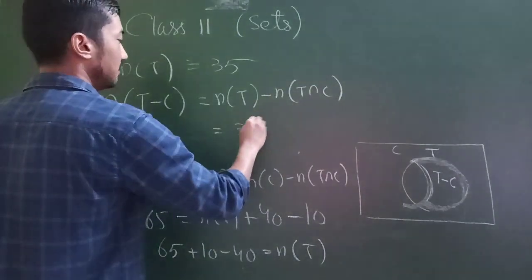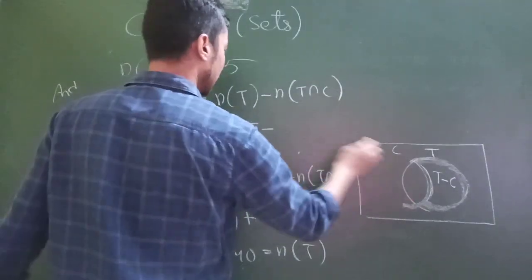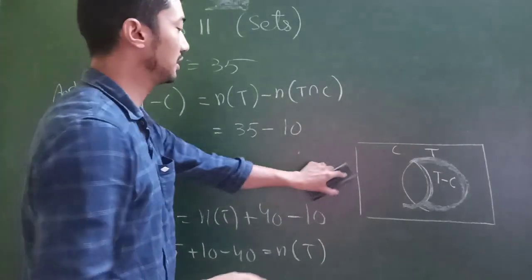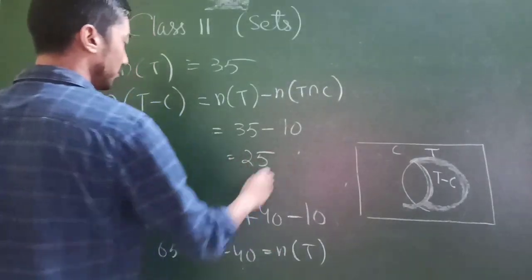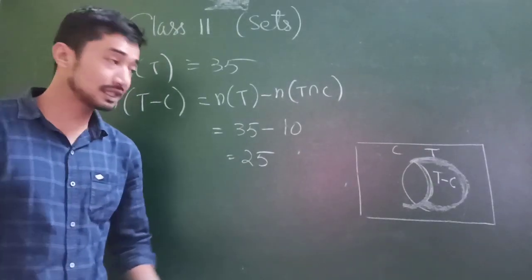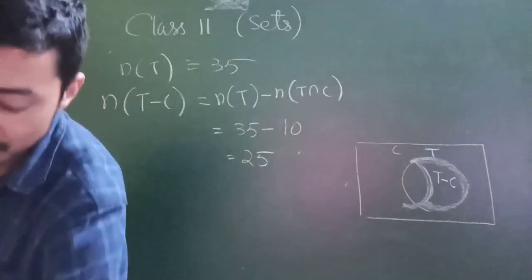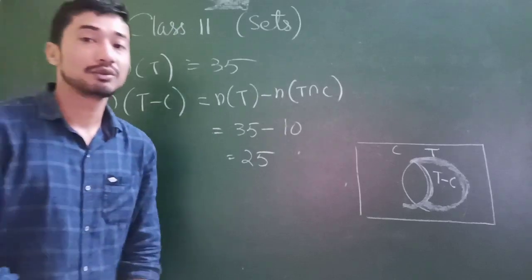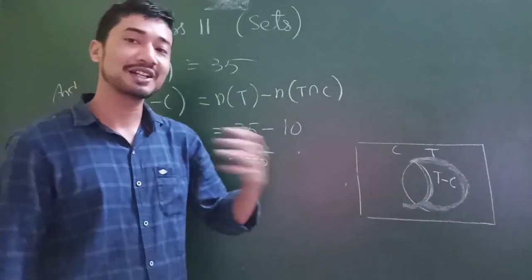So 35 minus 10, how much was this? I think this was 10. So we have only 25 people who like only tennis but not cricket. That's how you can always derive the formulas from the Venn diagram. You don't have to memorize it.